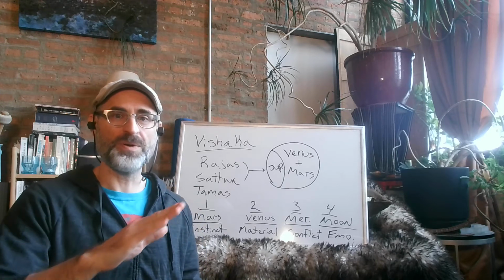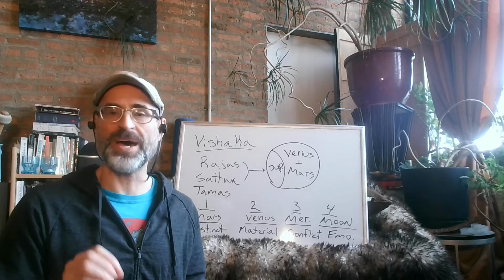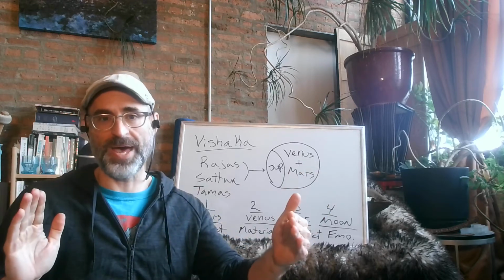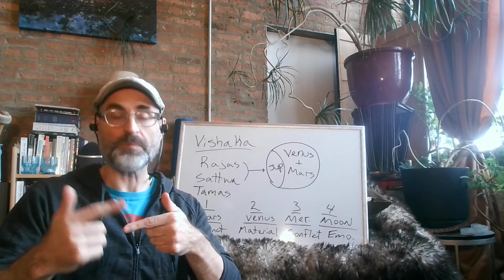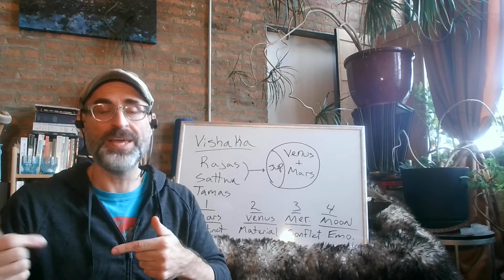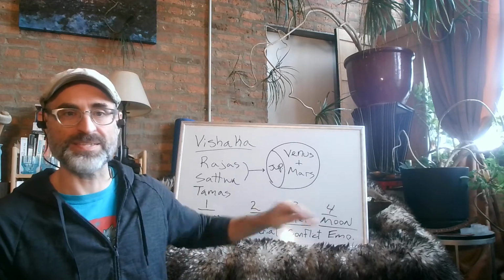So let me go into the padas really quick. The padas are interesting because in a lot of ways they describe the life path. They describe how quickly the life path evolves or how slow. The other thing they describe is how all four padas exist within Vishaka.